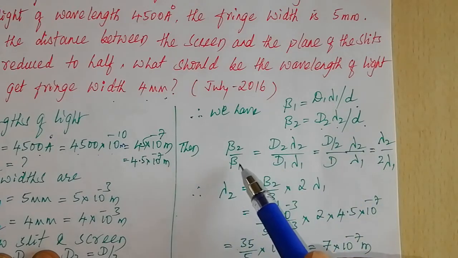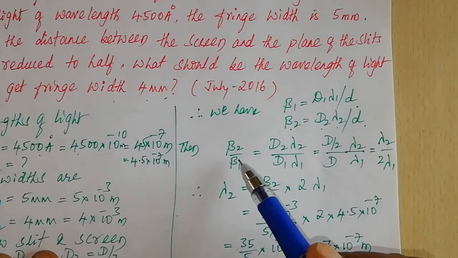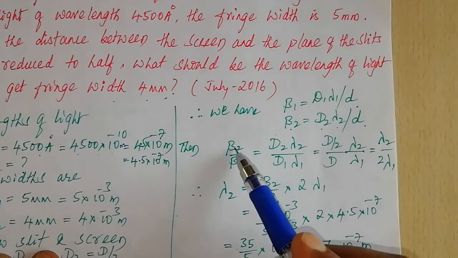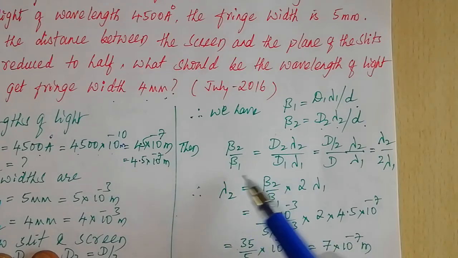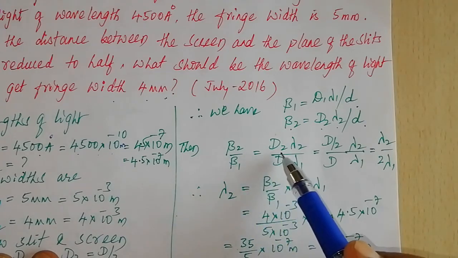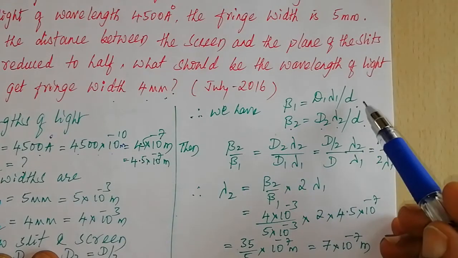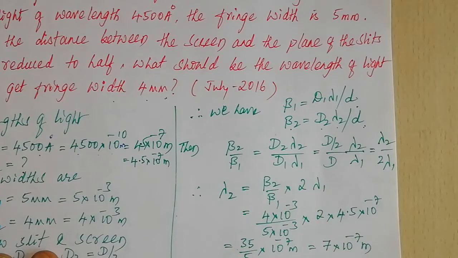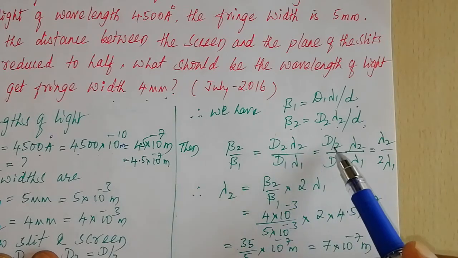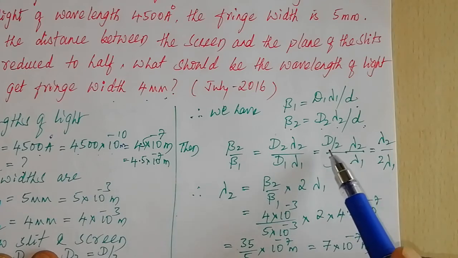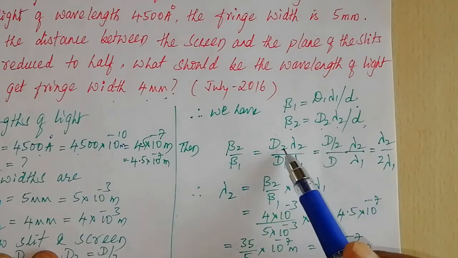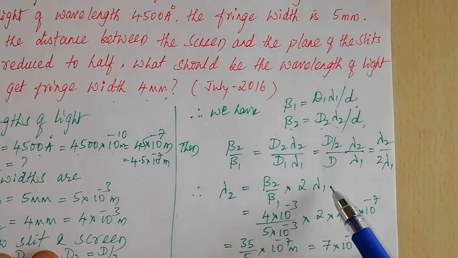Taking the ratio of the widths of fringes in both the cases, beta 2 divided by beta 1 equals D2 lambda 2 divided by D1 lambda 1, since small d will cancel. D2 is D by 2. The screen distance is halved or made half. That's why D2 is D by 2 into lambda 2.